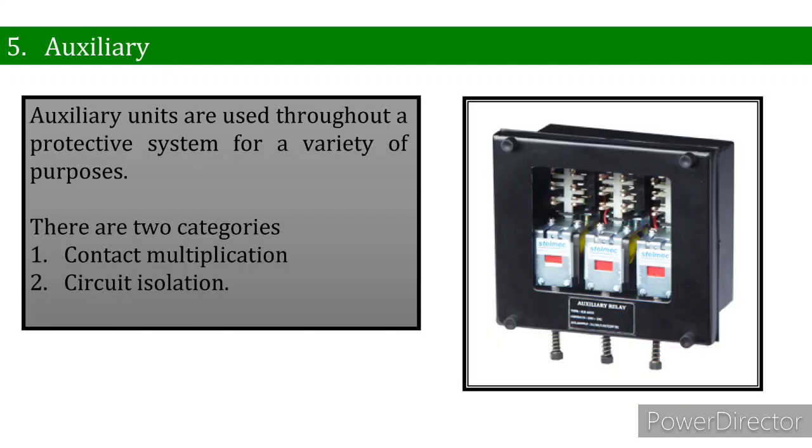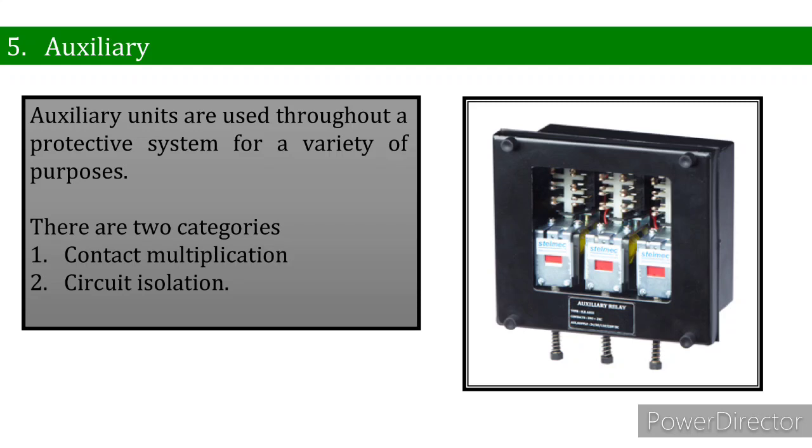The fifth one we have is auxiliary relays. Auxiliary units are used throughout a protective system for a variety of purposes. Generally, there are two categories. Number one is contact multiplication, and the other one is circuit isolation. In relaying and control systems, there are frequent requirements for each.